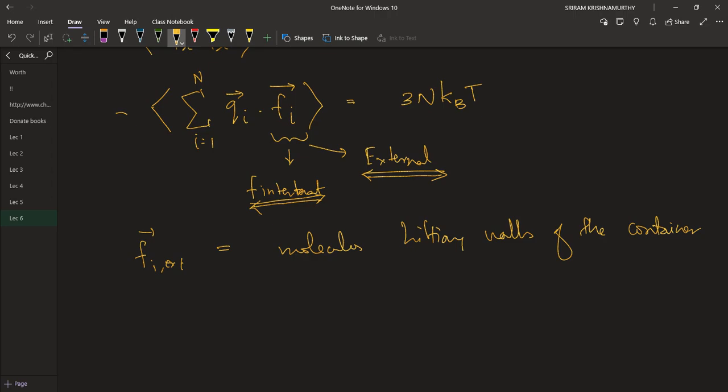These molecules are moving around because of thermal energy. They are moving around, moving past each other, and then they hit the boundaries of the system. So the force that the boundaries of the system experience because of this collision is given by the external force, and then we have this internal force, which comes from the interactions between the atoms, the particles.